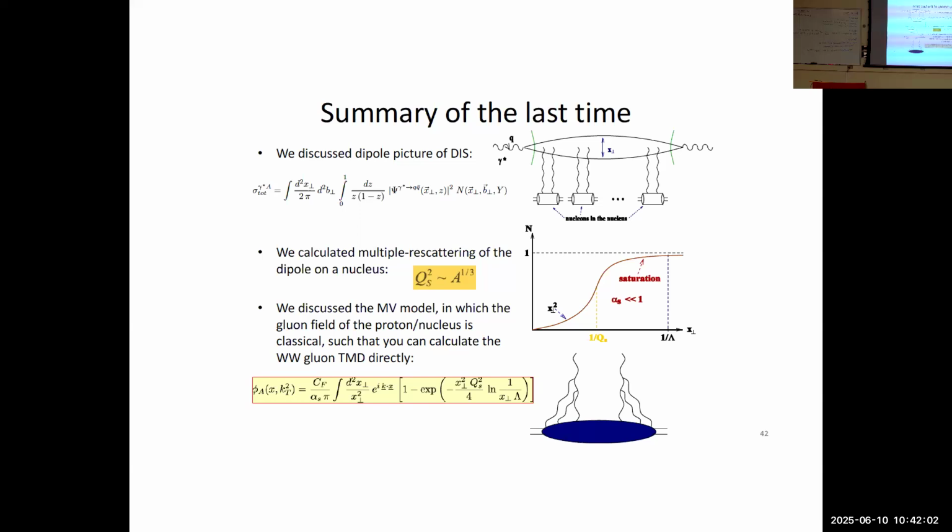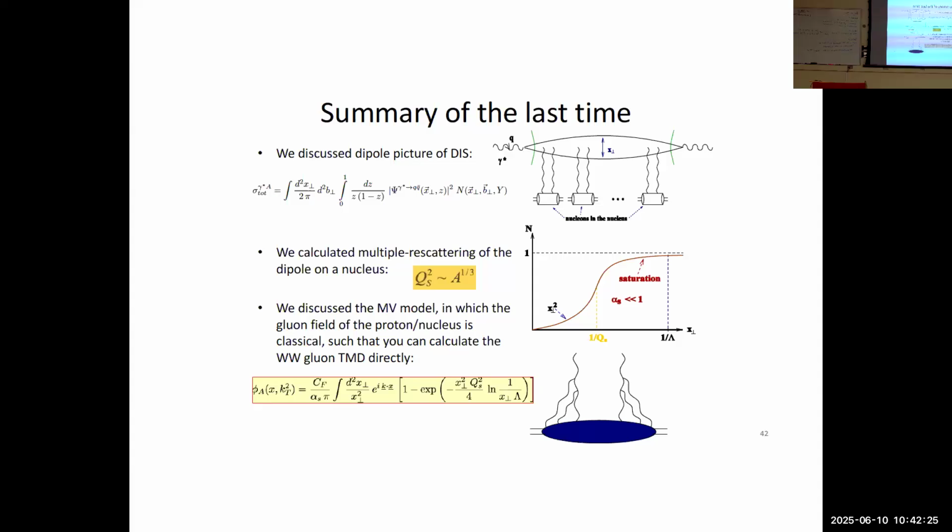So the cross section for gamma star A was an integral d^2 x perp over 4 pi, integral over z, dz over z(1 minus z). z is the longitudinal momentum fraction of the virtual photon's momentum carried by the quark. The antiquark carries the fraction 1 minus z.